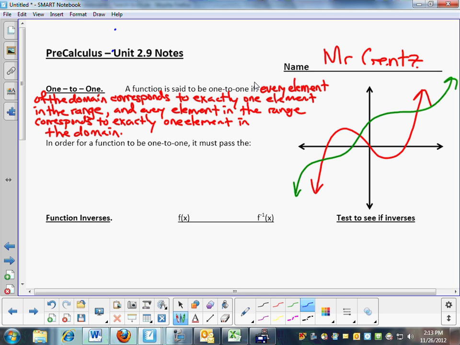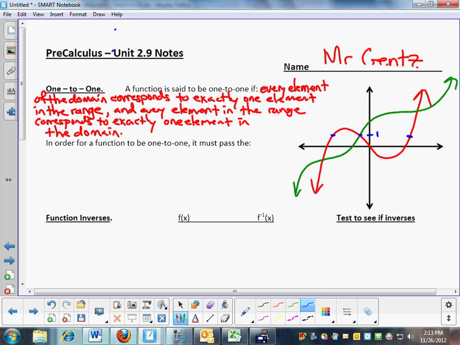Remember that the definition says every element in the range corresponds to exactly one element in the domain. So watch what happens if I consider, let's say, the value of positive 1. So right here has a range value of positive 1, and positive 1.